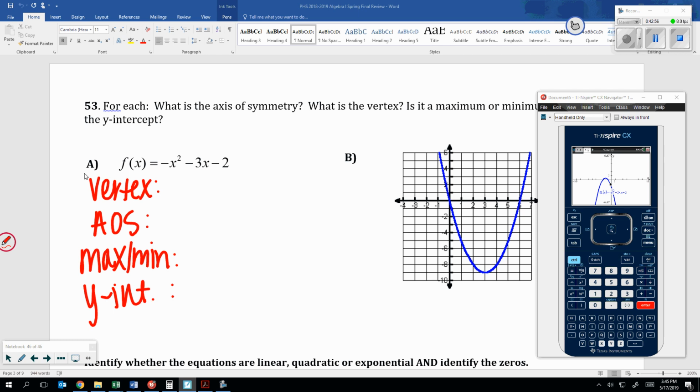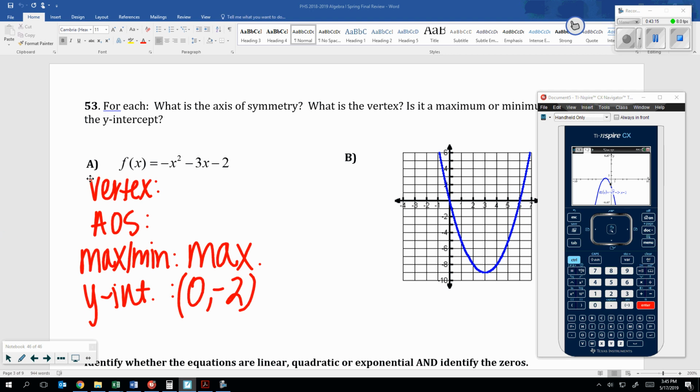So it's 0, -2. Maximum or minimum is whether the curve is at the top or the bottom. It's at the top. So if you're at the top of something, you're at the maximum of it. Okay, so now our vertex would be next.